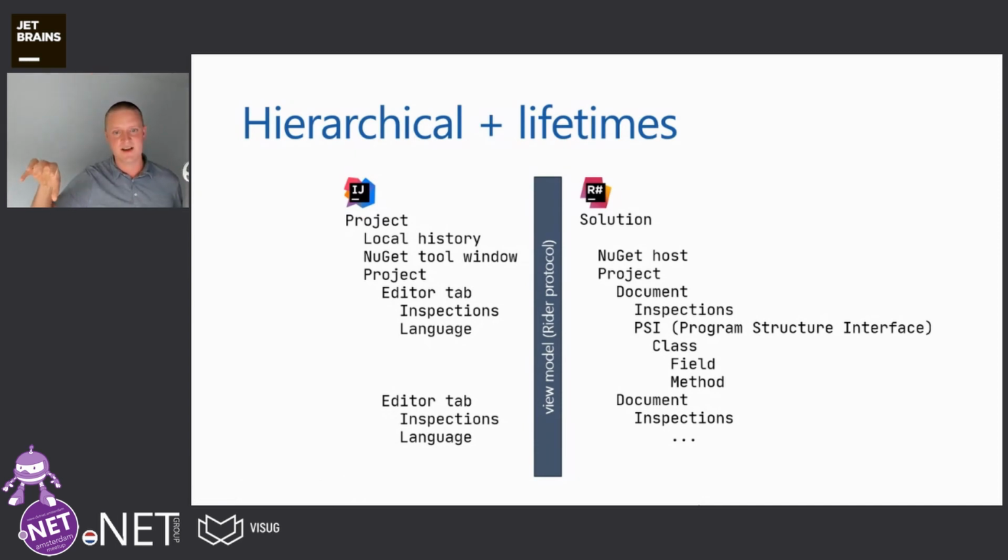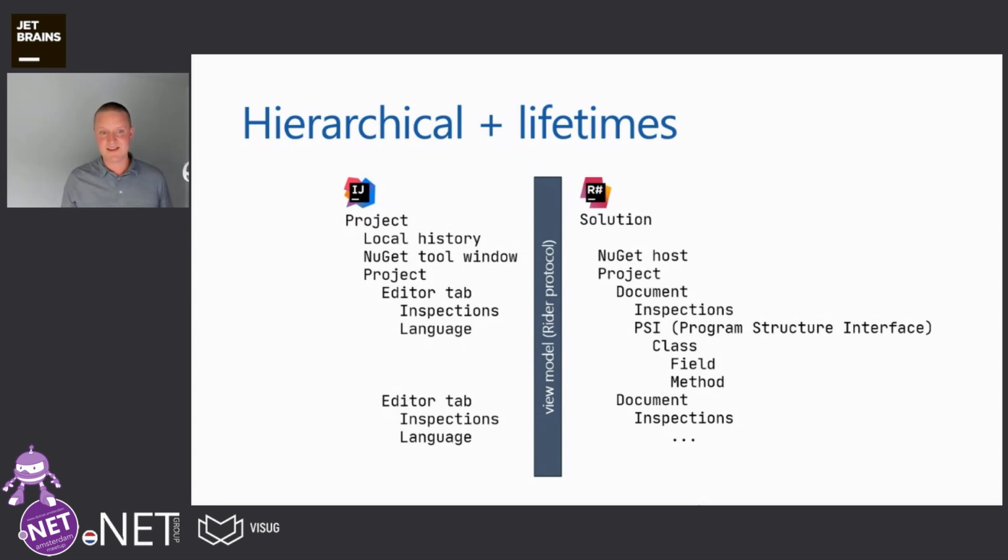If you have a project, that thing attaches to the solution lifetime. Document attaches to the project lifetime and the solution lifetime, etc. So hierarchical, and you attach them all to a lifetime, which means if a document goes out of scope, the solution, the NuGet host, and the project remain in memory, but everything else can be discarded because that lifetime is closed at a certain time.